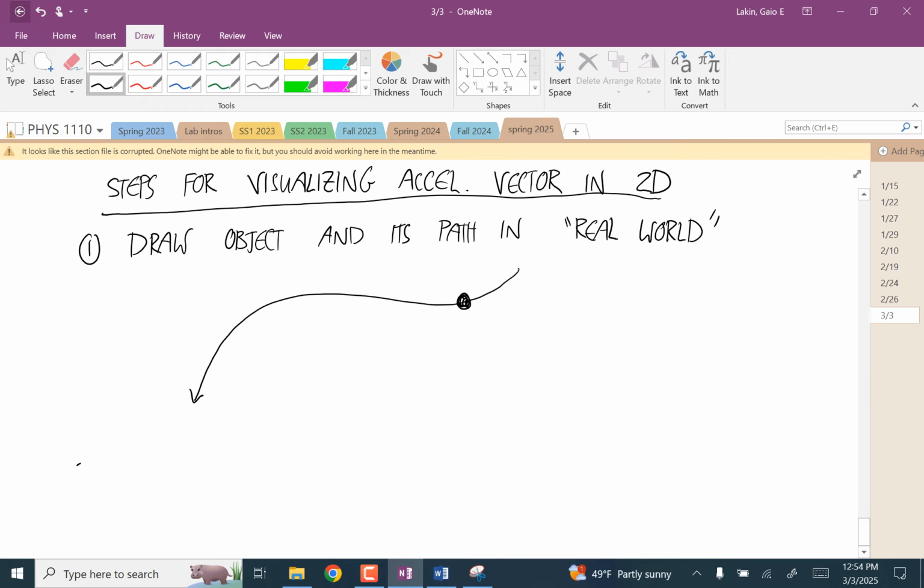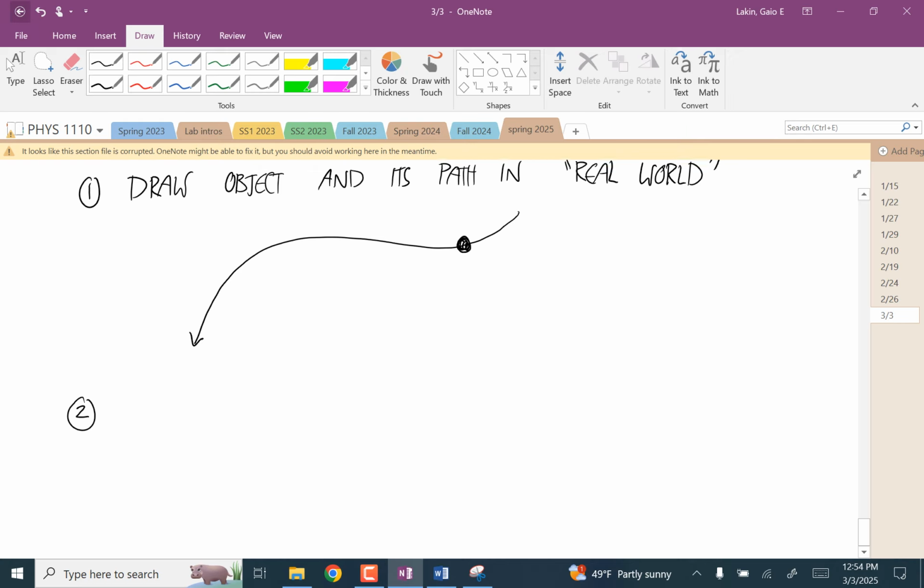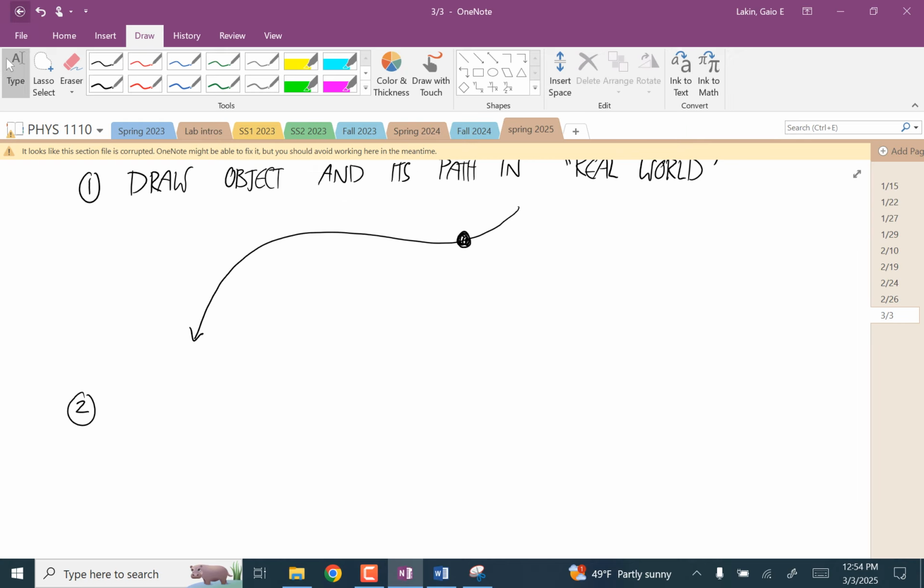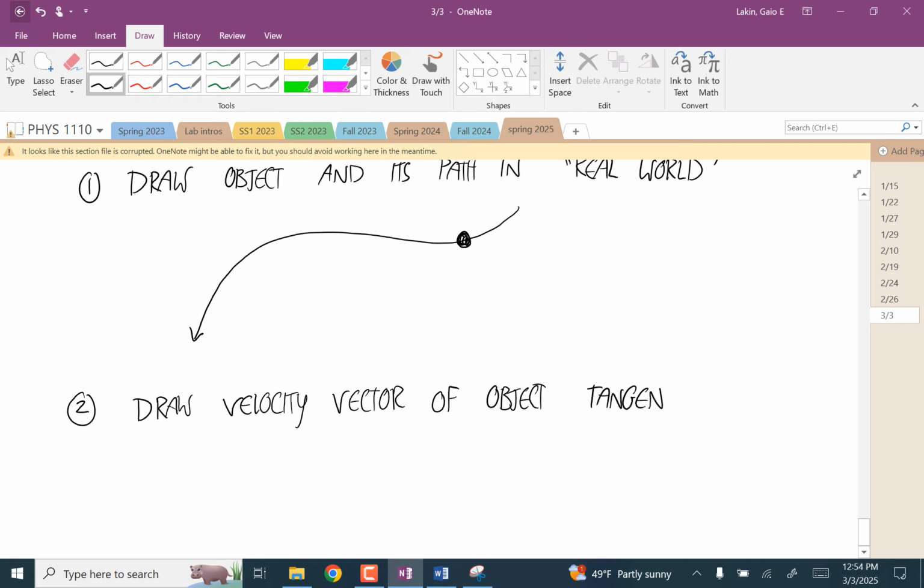Okay, so second, draw the velocity vector of the object, and that's always going to be tangent to the path in the direction of motion.